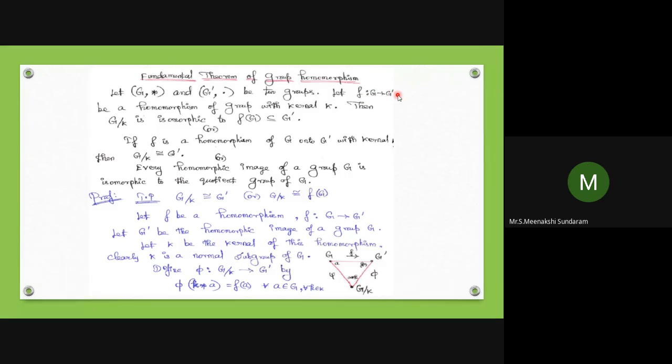So F is a mapping from G to G dash. So F of G, elements in G dash, that is F of G is a subset of G dash.